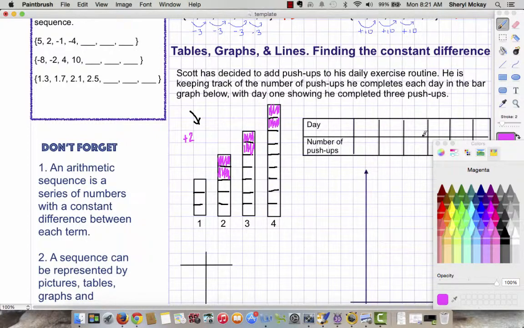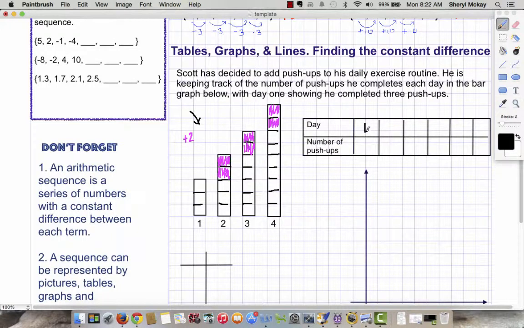Now let's write it in a little table over here. Let's write it in a table. On day 1, he did 1, 2, 3 push-ups. On day 2, he did 3 plus 2 more is 5 push-ups.